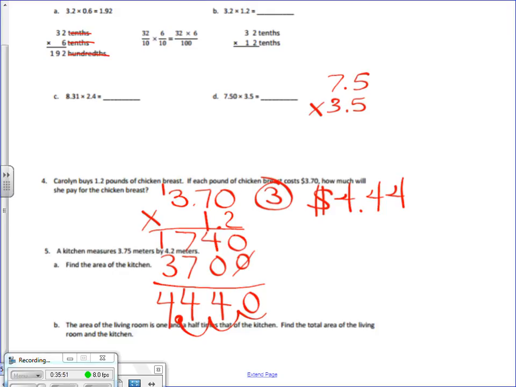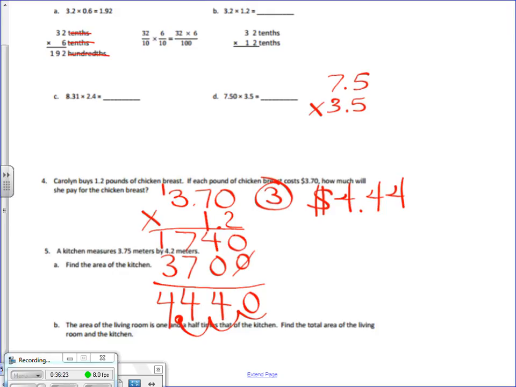At the end, when I was done multiplying and adding them all, I got 444. I didn't get 4,440. Did you take the 0 off? That's why. Because I kept the 0, it shifted it over by a place value.